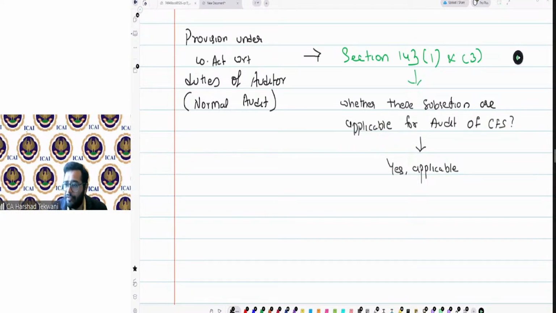Because if you see the definition of financial statements as per the Companies Act, which is defined under section 2, subsection 40, it includes balance sheet, P&L, statement of cash flow, statement of changes in equity, and an explanatory note forming part of these documents.